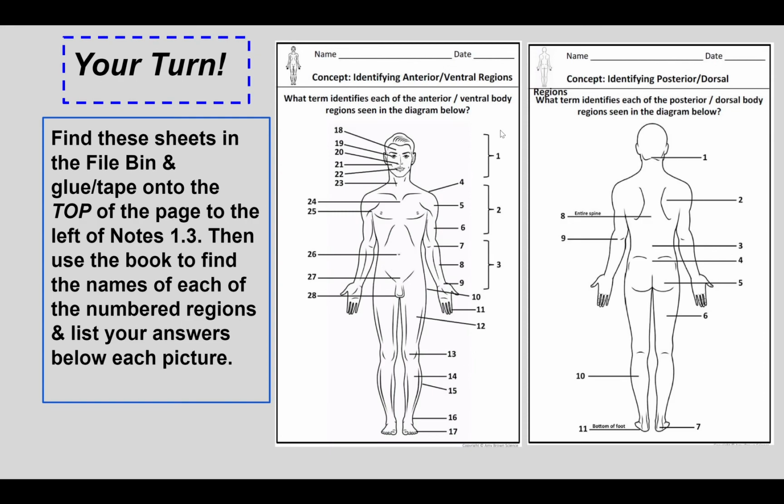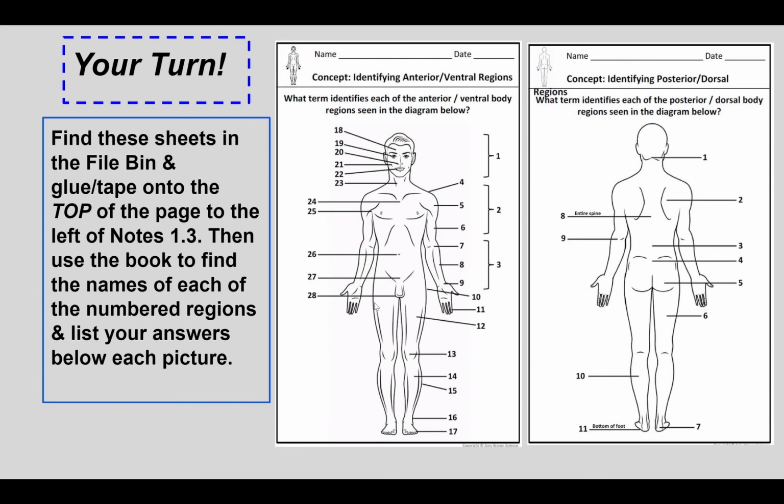So get these 2 sheets. They're like really small sheets, and you're going to put them on the very top of your page, and this is to the left of your 1.3 page of notes. So position them, tape them in, or glue them in at the top half of your book, and then underneath each picture you see there's numbers here.